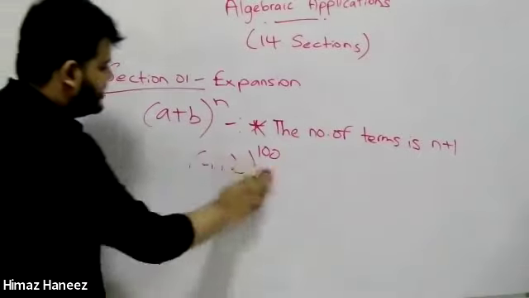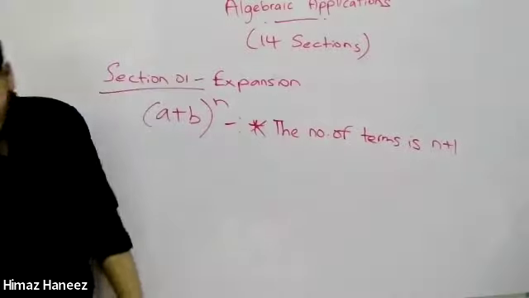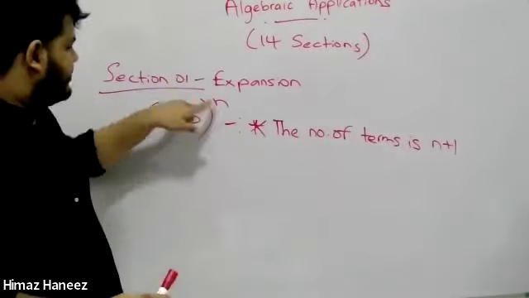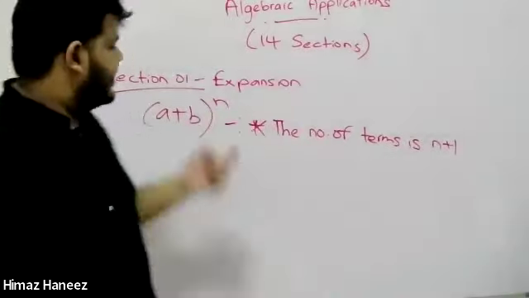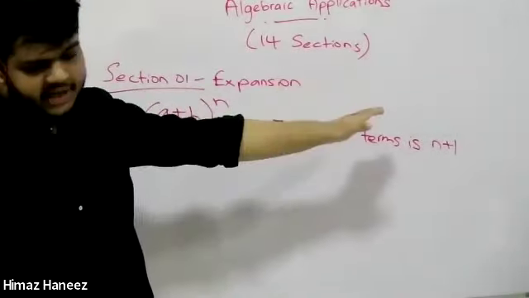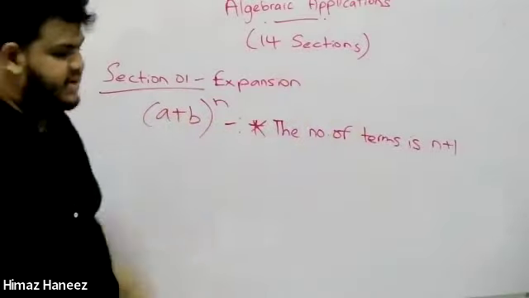Simple, right? That's the first statement they have found out. If n is equal to 100, the number of terms is 101. If n is equal to 50, the number of terms is 51. If it's 20, 21. That's the first statement.